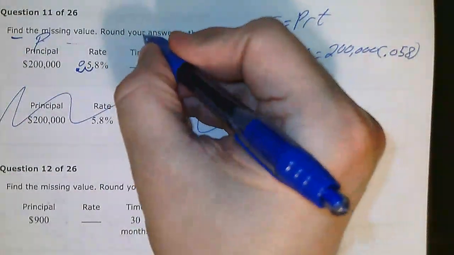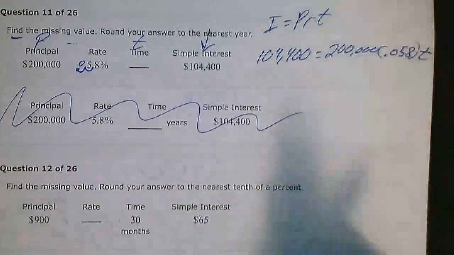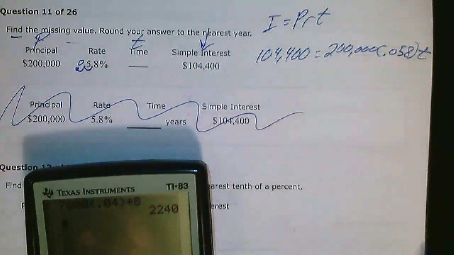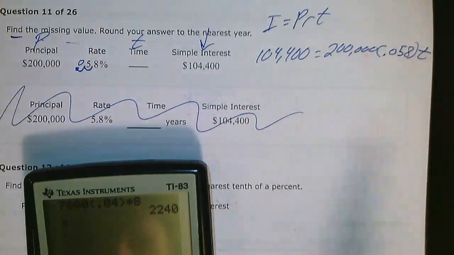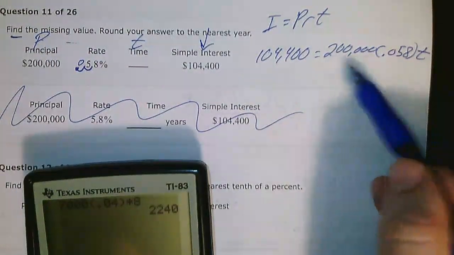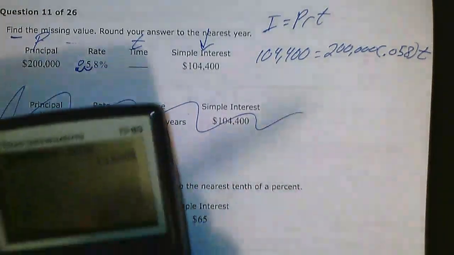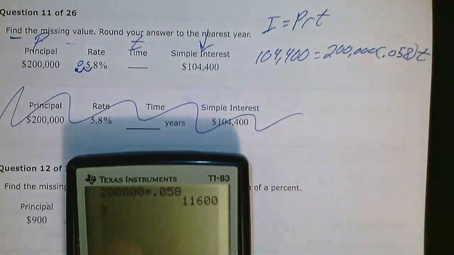And the one value that we do not have, which we are solving for, is T. So this is our equation. We need to solve for T. There's a couple ways to do this, but we can clean up the right side of the equation. 200,000 times 0.058 is 11,600.